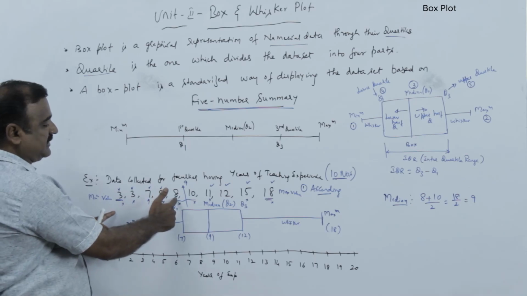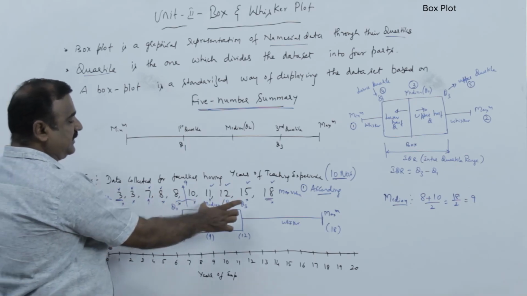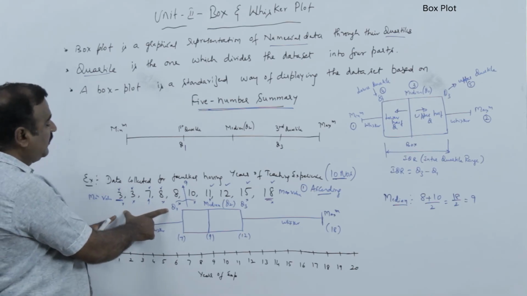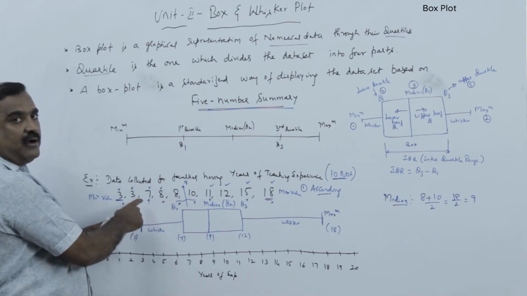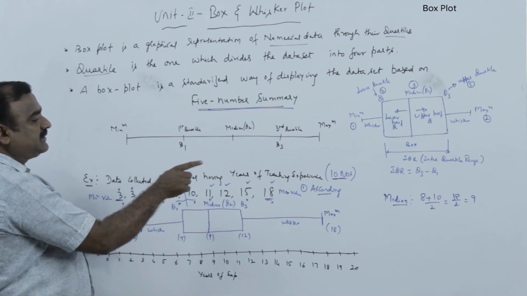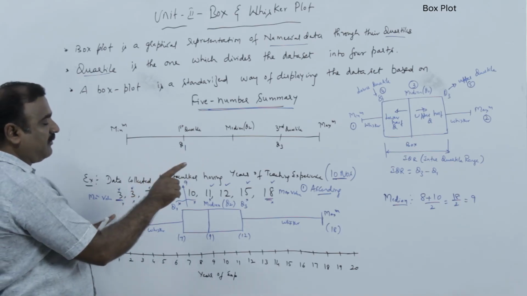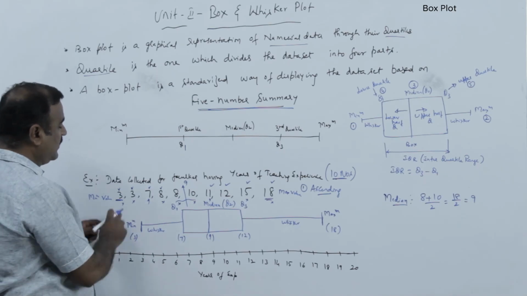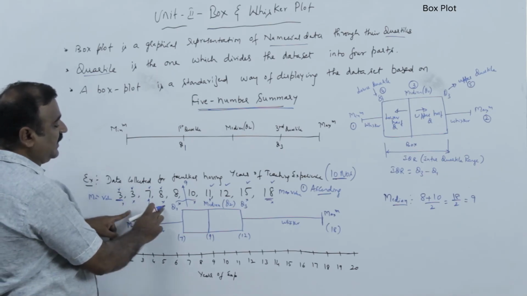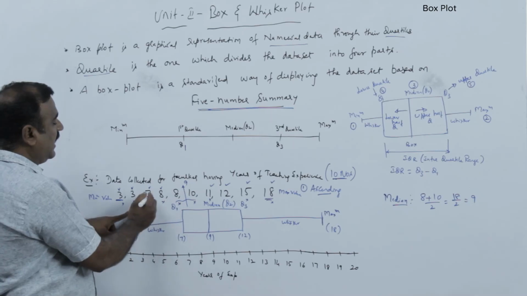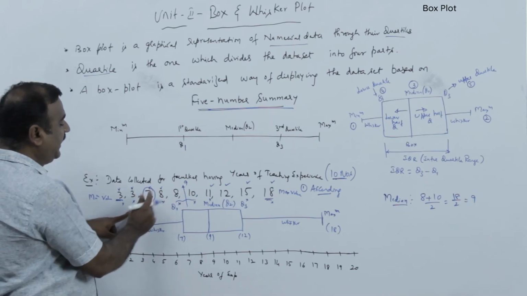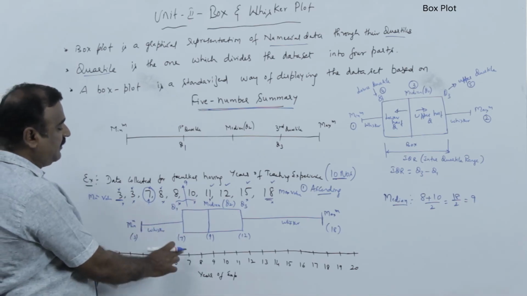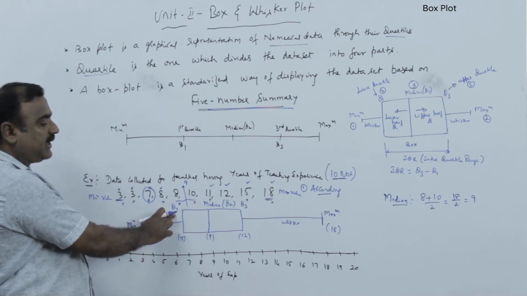When we take the median here, the count is odd, that's why I didn't do 8 plus 10 divided like that; I directly took the middle value as the median. These two values on each side get eliminated, and this becomes the median of the lower half. This 7 becomes Q1, the first quartile.